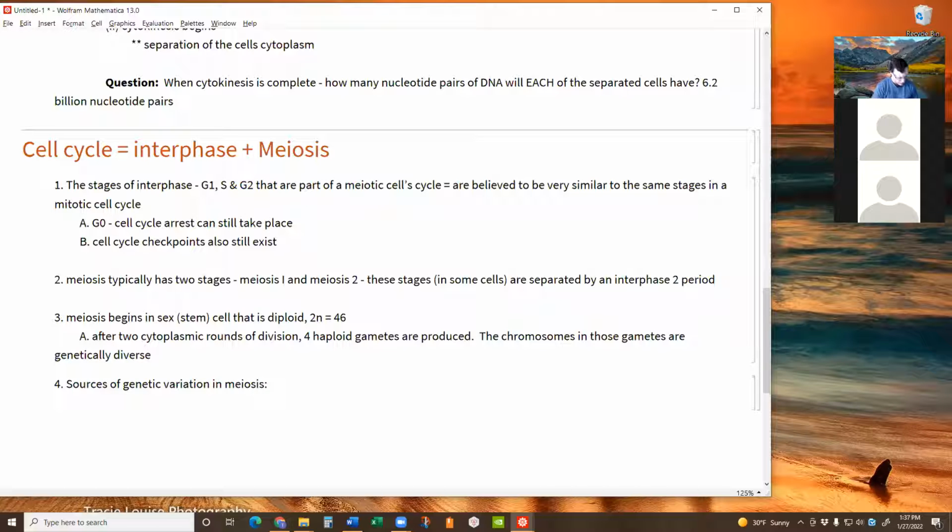We have 2 sources of genetic variation in meiosis. The first is probably the most famous, and I'm sure you've heard of it. You've had Biology 101, you've heard of it. This is the crossing over business. Crossing over takes place during prophase 1 of meiosis 1.